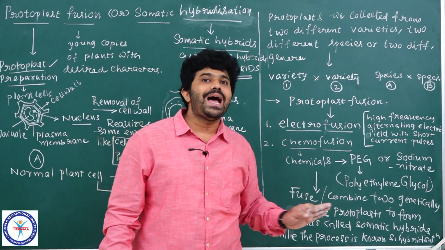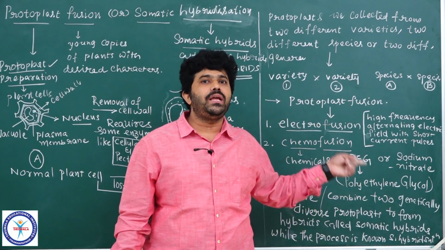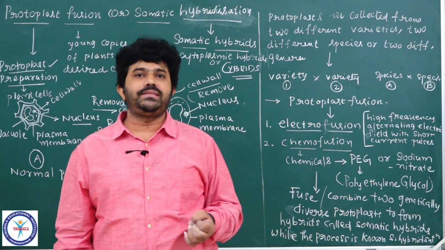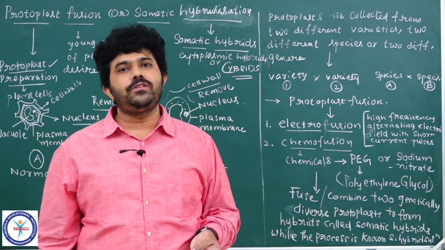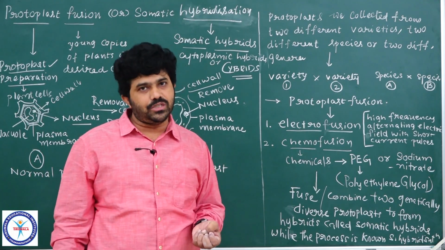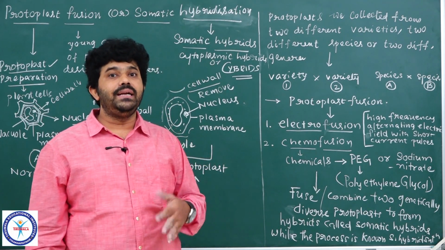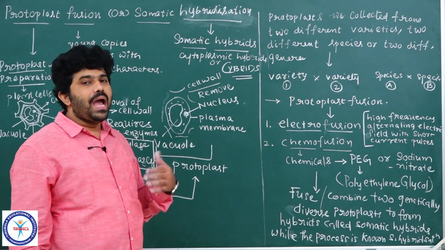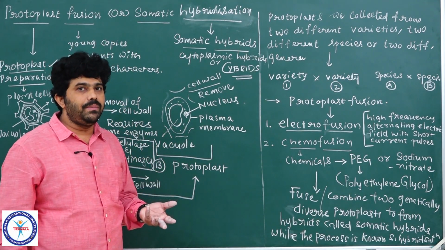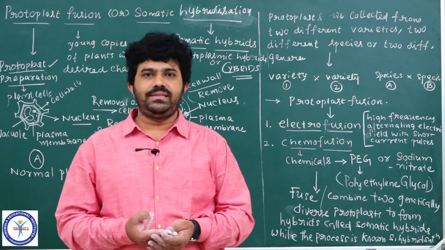Those are called hybrids. Since they are produced from somatic parts only, they are also called somatic hybrids. The process is known as somatic hybridization or protoplast fusion. Understood students? Through protoplast fusion we get desirable somatic hybrids which are very beneficial for producing young generations with desirable characters.